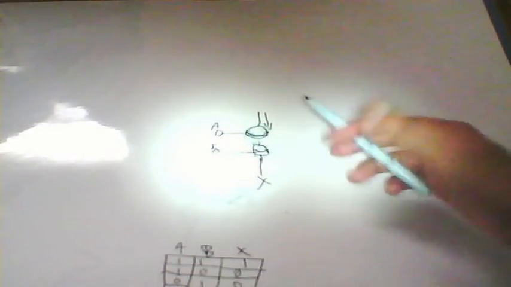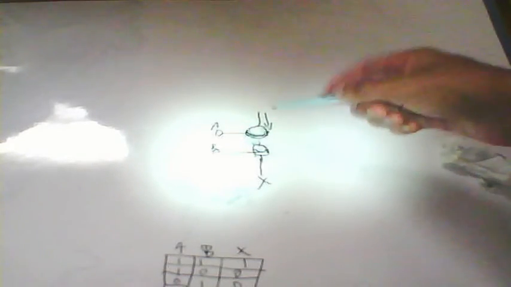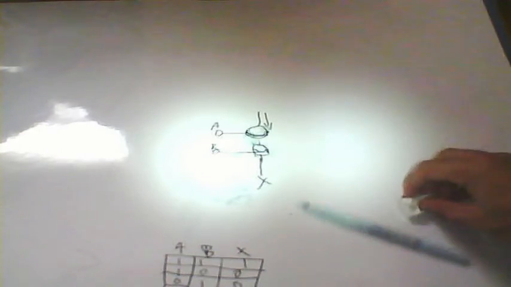If A is true, it can pass through this gate, but it gets blocked by B. If both A and B are true, it can pass through both gates. And obviously, if only A is true, then it can only pass to B. If only B is true, then it can't even make it all the way to B because it gets blocked by A.